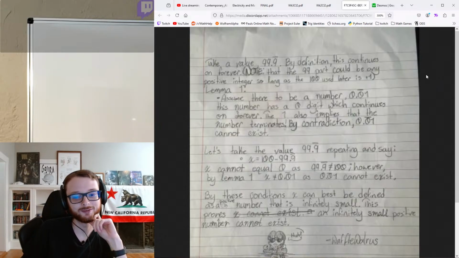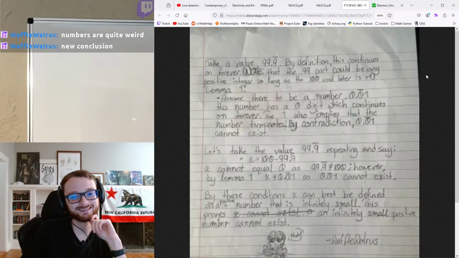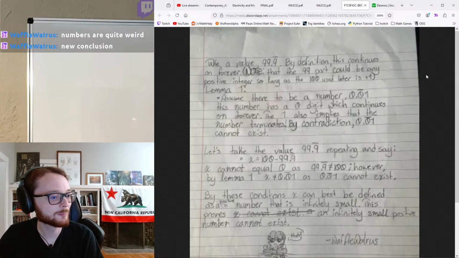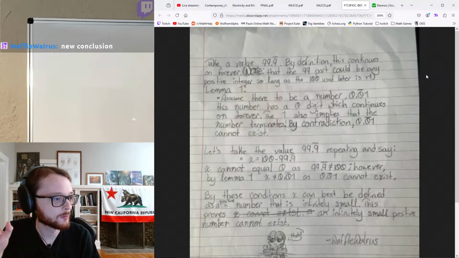Numbers are quite weird. Yeah. New conclusion, true. Yeah, I mean, we talked about in the last day of Zach's real analysis class, but you can prove that there's more numbers between 0 and 1, so all those decimals, the set of those numbers is bigger than the set of all integers.